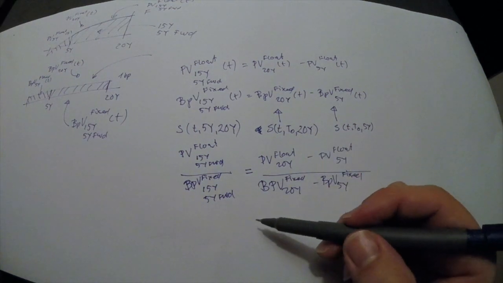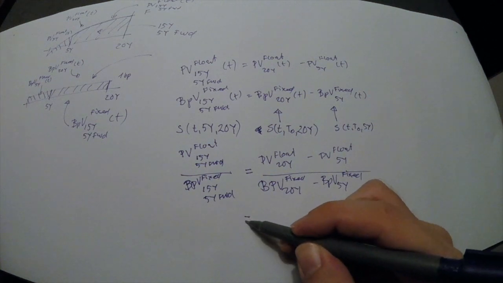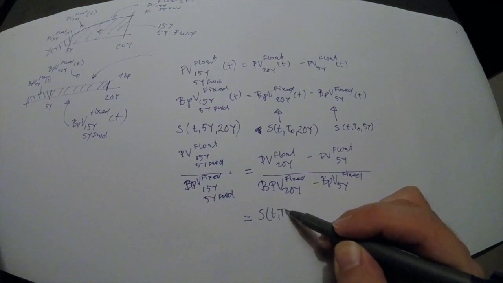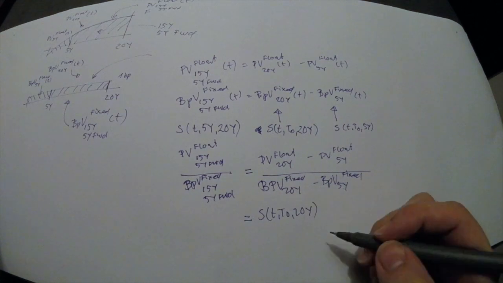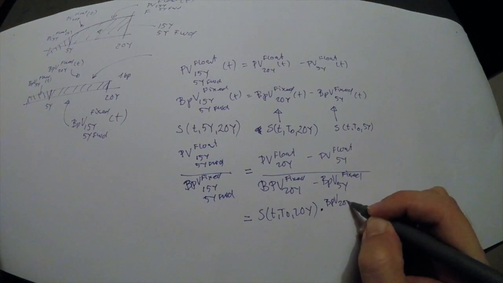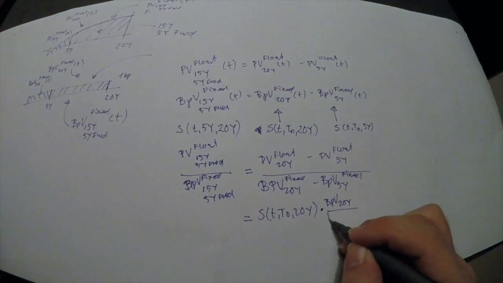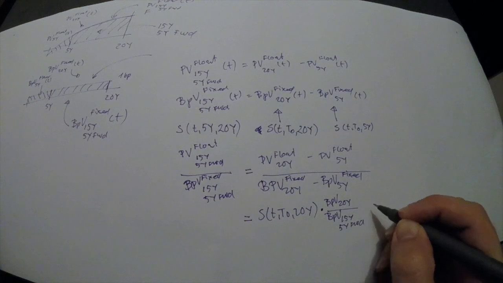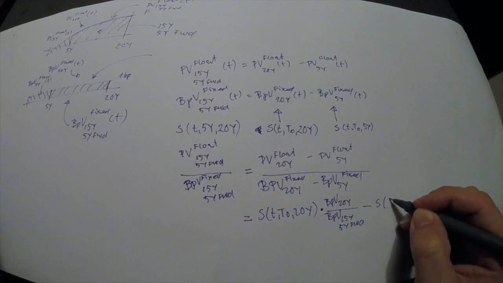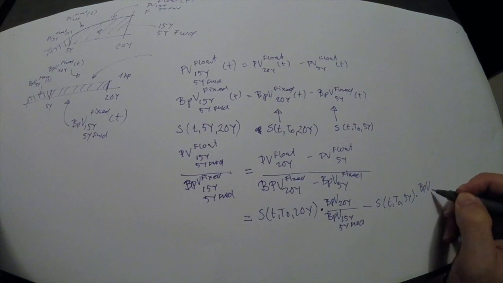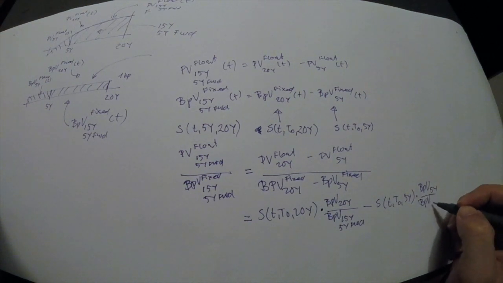Does that bring us any closer? Well, we could rewrite it a little bit and say, if we plug in the swap rate, the 20-year swap rate, and multiply by the basis point value of the 20-year relative to the basis point value of the 15-year, 5-year forward, and subtract the 5-year swap rate times the basis point value of the 5-year to the basis point value of the 15-year, 5-year forward.